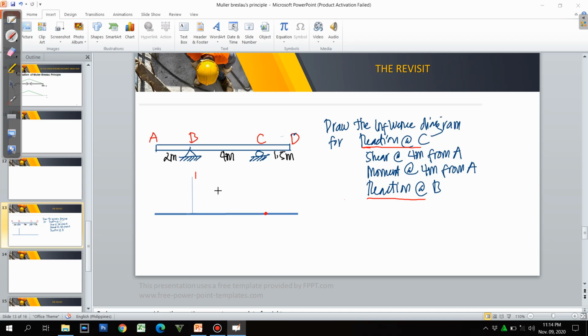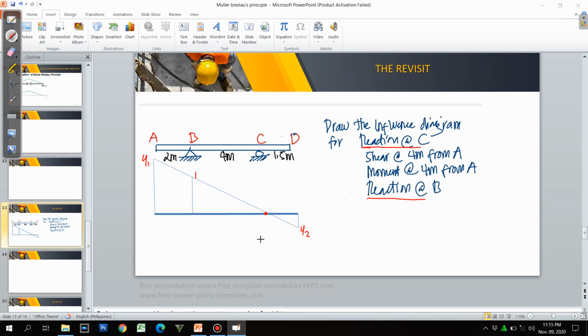Therefore, this will be the result of having B displaced by unit 1. So this will rise up, that is greater than 1. And of course, we still need to compute that as well as this displacement.